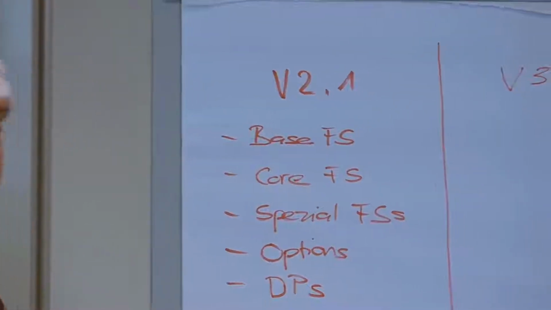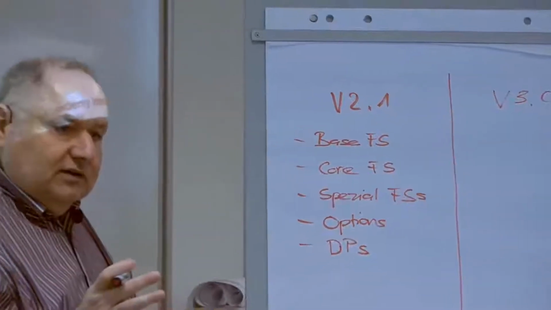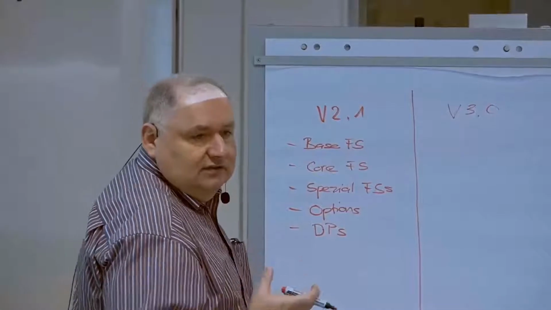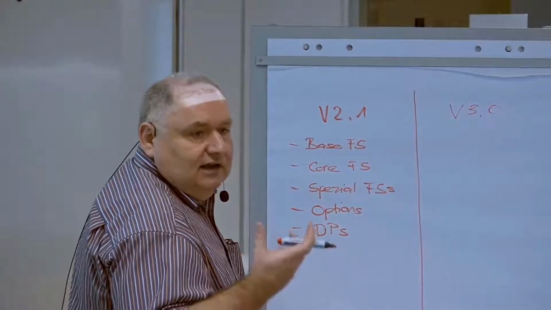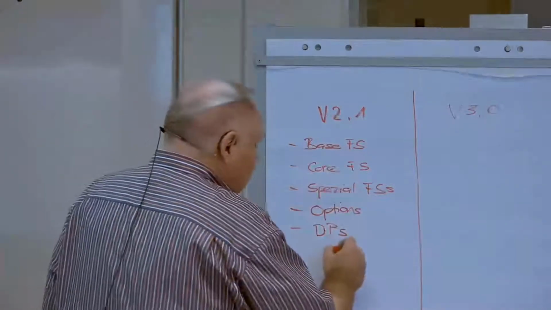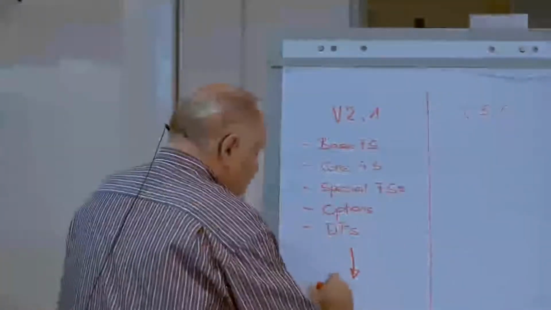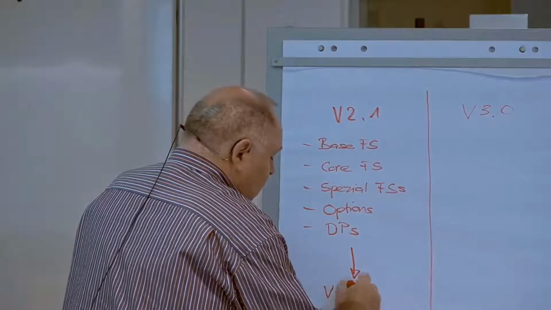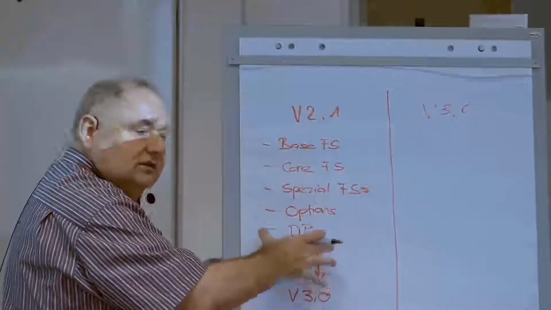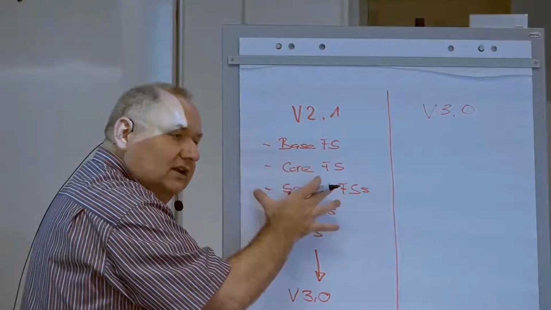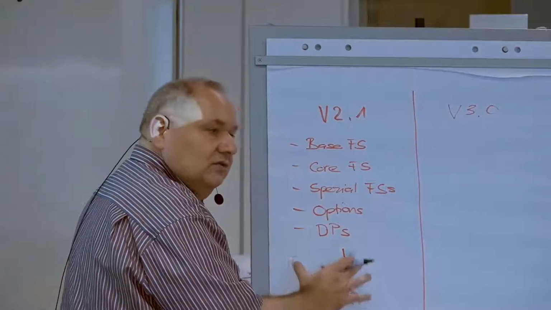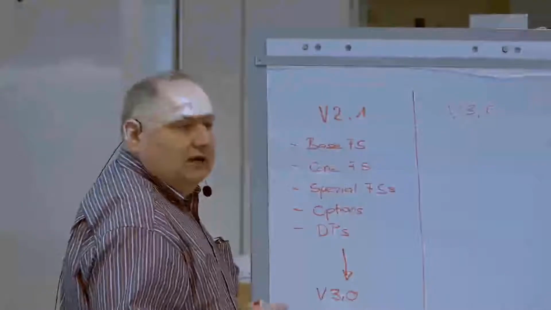When asking for an upgrade, what's going to happen right now is that whatever this project contains, whatever the quantity of the license is, will be upgraded to version 3. Those feature sets the customer has, and options and data points, will be merged to a version 3.0 license.